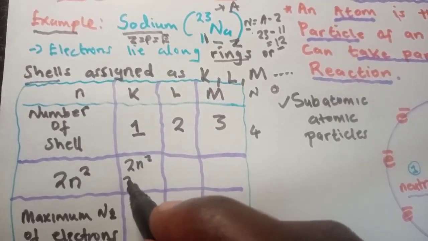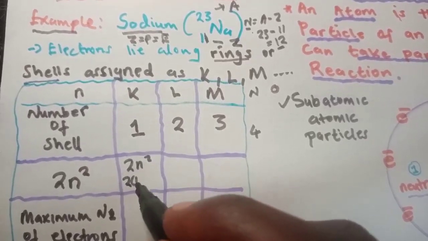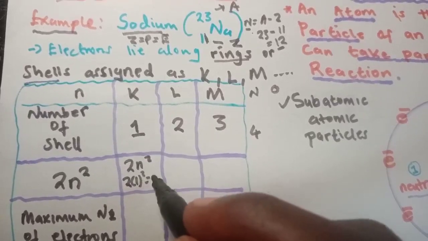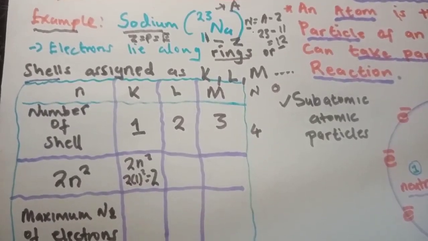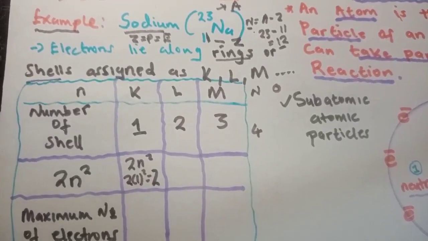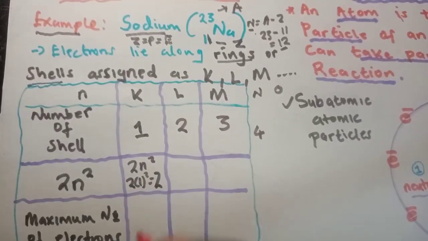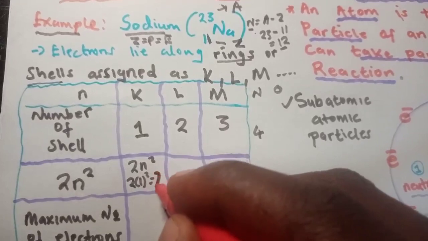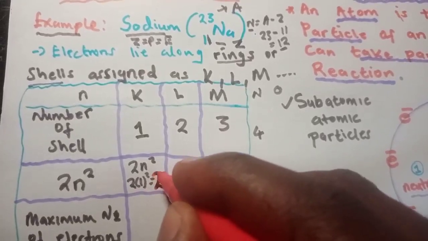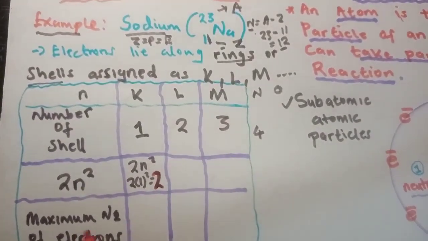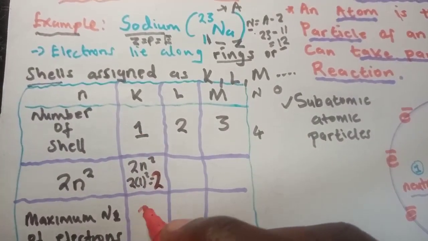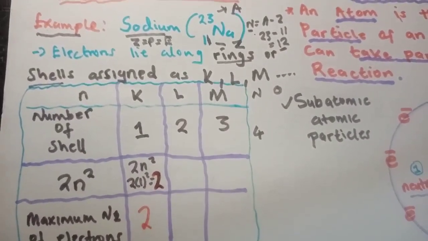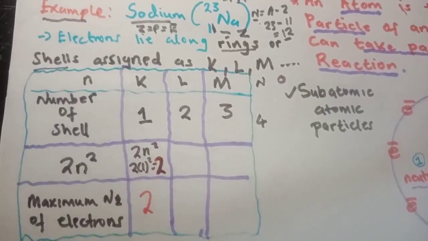Your n is 1, squared, and you simply get 2. So the maximum number of electrons that can occupy the first shell is simply 2.